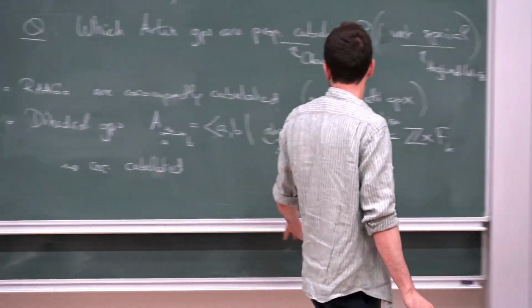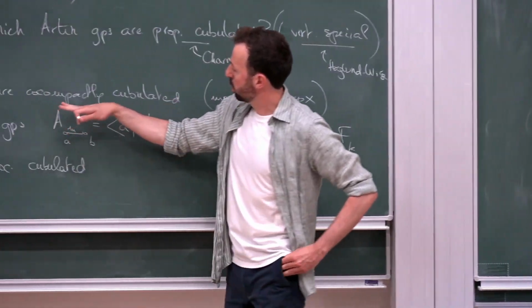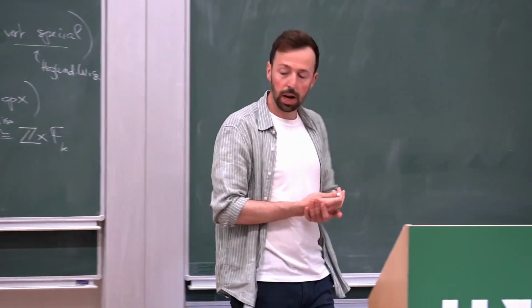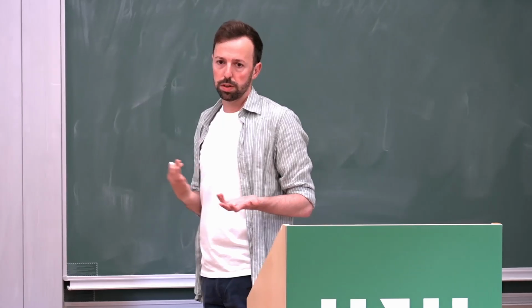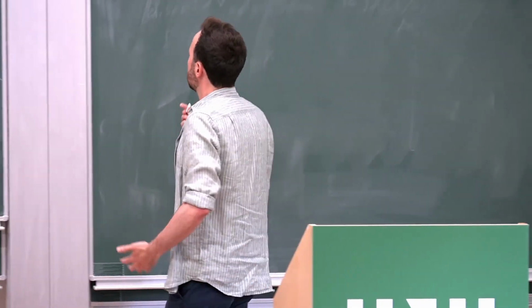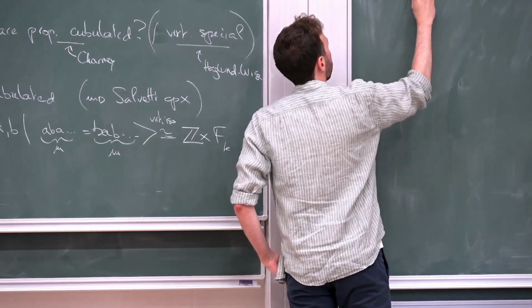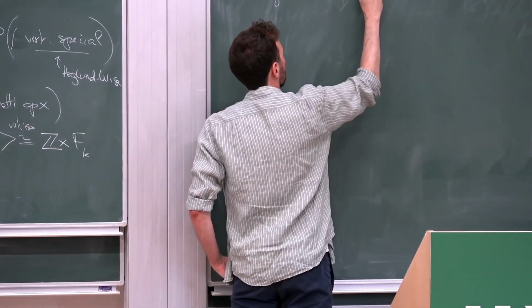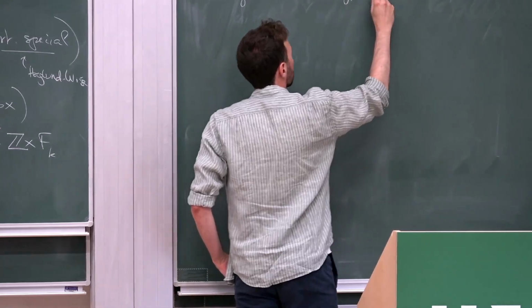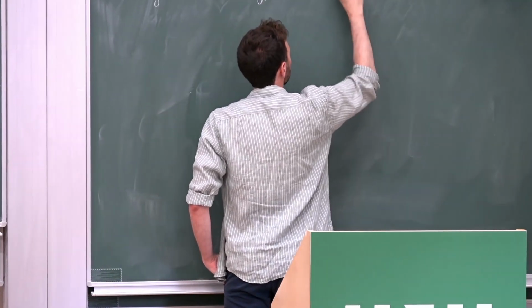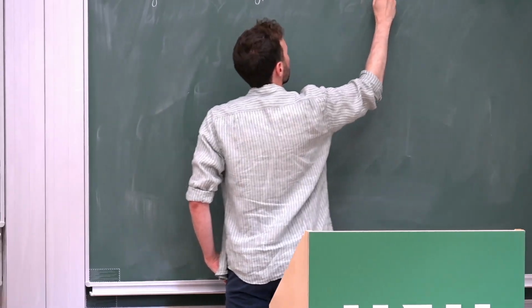What else? I've been focusing so far on co-compact cubulation, so maybe as the first question you might wonder, are Artin groups co-compactly cubulated in general, or virtually co-compactly cubulated? And essentially, no. In general, Artin groups are not co-compactly or even virtually cubulated.